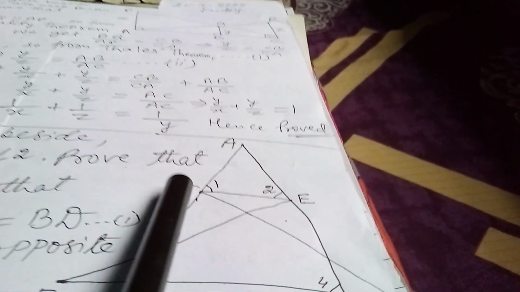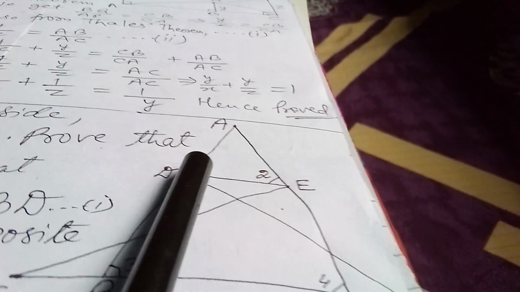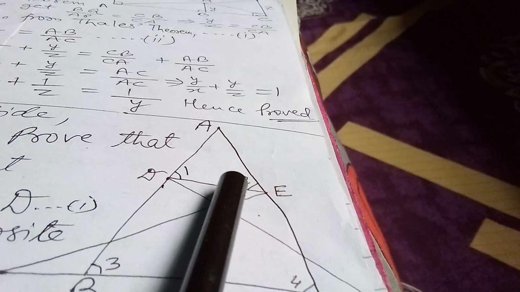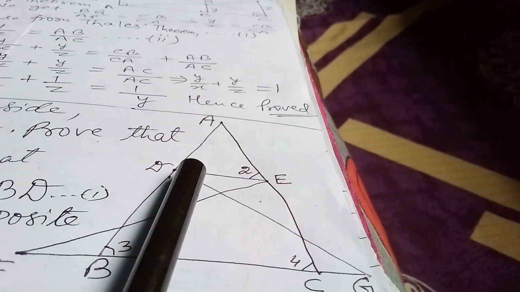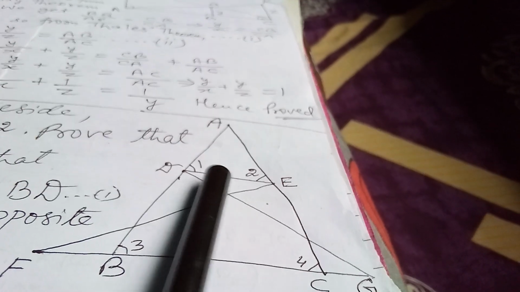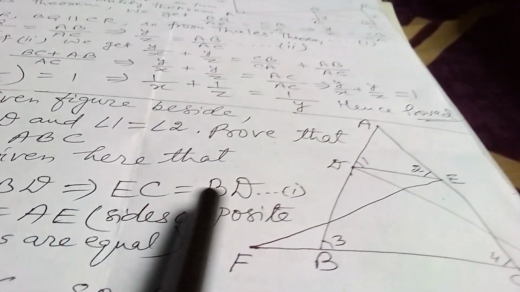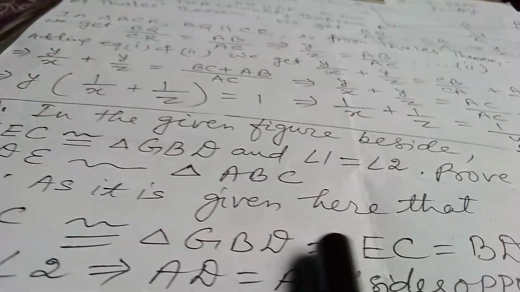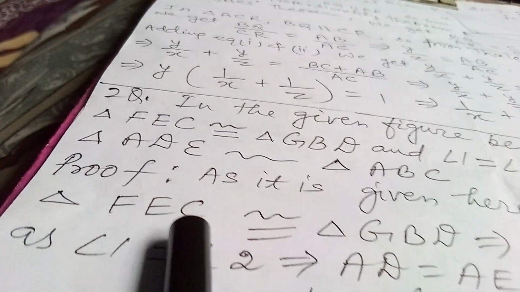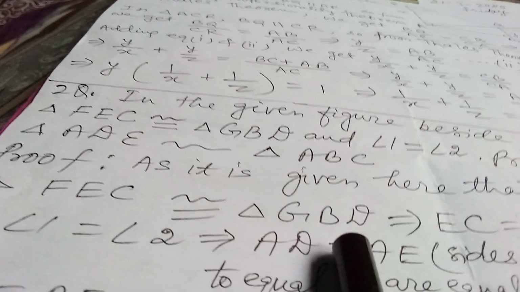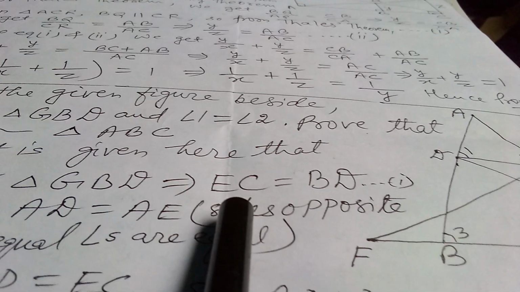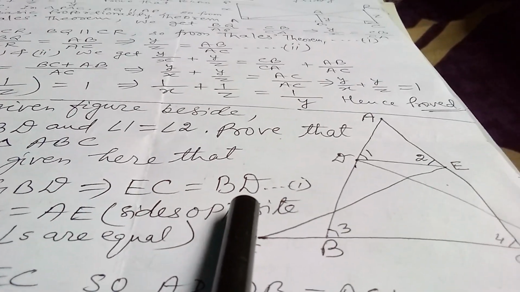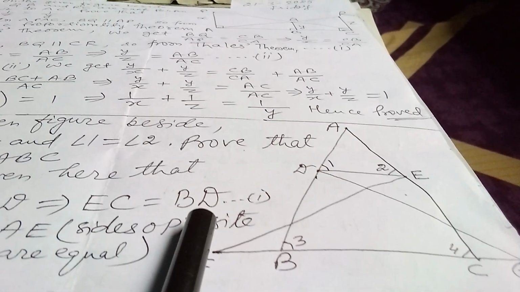So you find here that angle 1 equals angle 2, it is given. That means AD equals AE, because sides opposite to equal angles are equal in an isosceles triangle. And now here the proof is, as it is given that triangle FEC is congruent to triangle GBD, so if these two triangles are congruent, then we get EC equals BD.